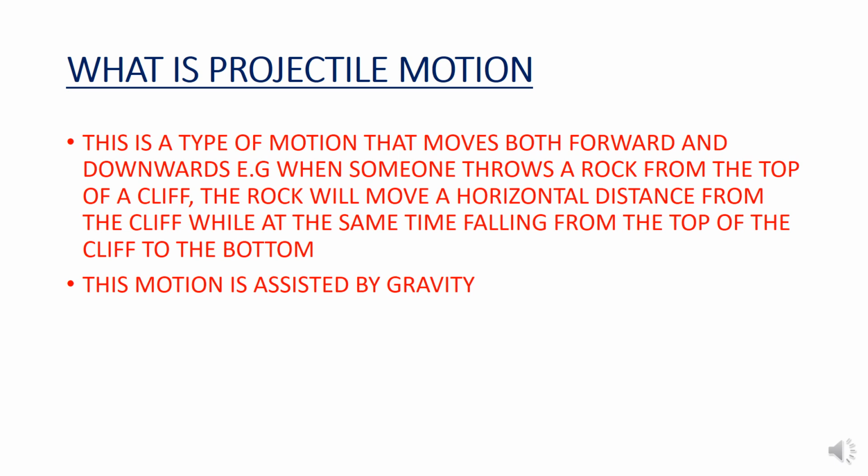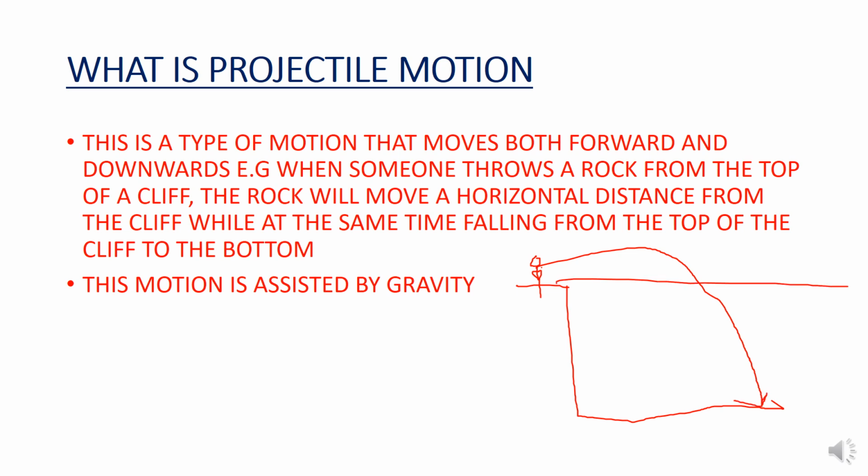Sasa any type of motion whereby umekaa juu ya building tuseme. Wewe ni huyo uko juu ya building. Sasa then umerusha kama ni jiwe from that building. What will happen to that stone? Hiyo stone ita follow a curved motion. Sasa haitoenda ati straight wala haitoenda ati chini direct.